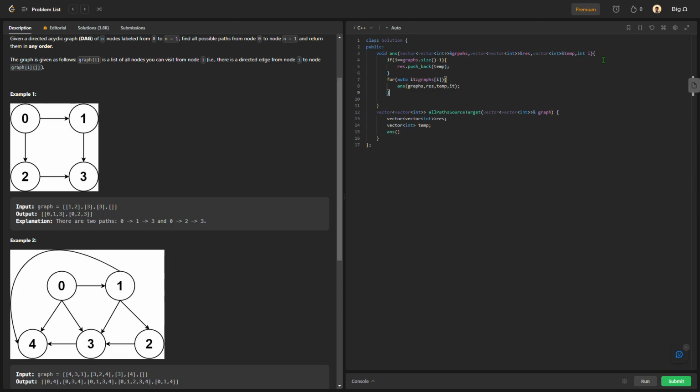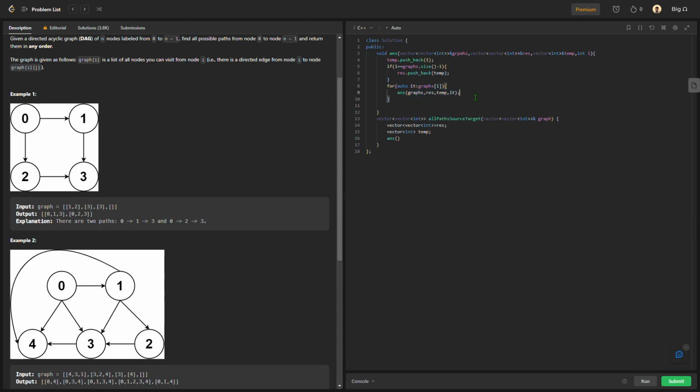Now whenever I am at any child, or at any node, I would be just pushing it back, that is temp.push_back the ith node.